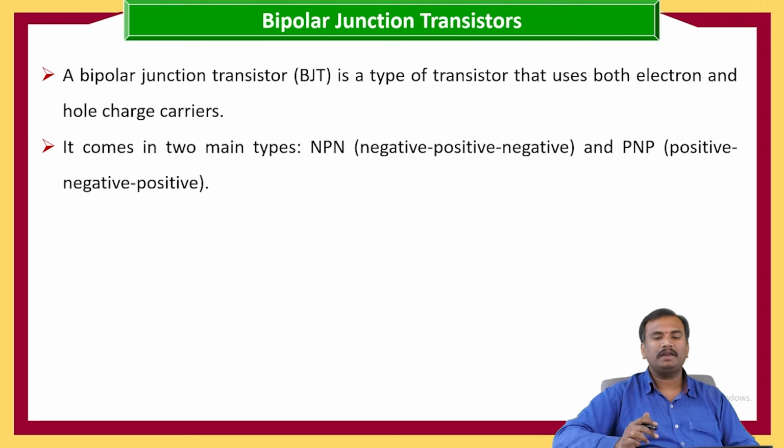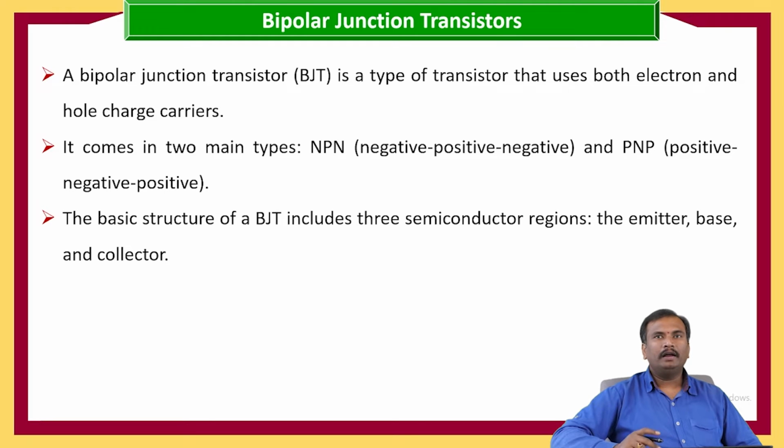One is NPN, negative, positive, negative, and PNP, positive, negative, positive. And the basic structure of a BJT includes 3 semiconductor regions: the emitter, base and collector.